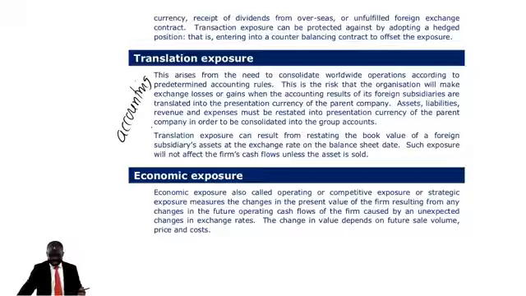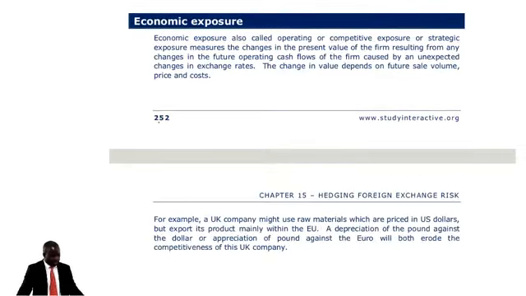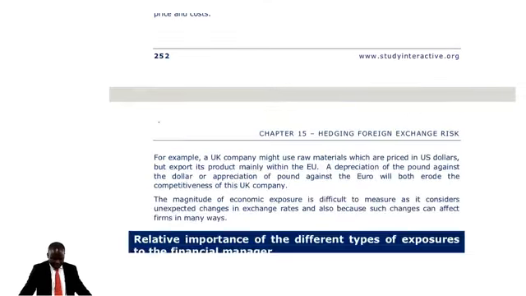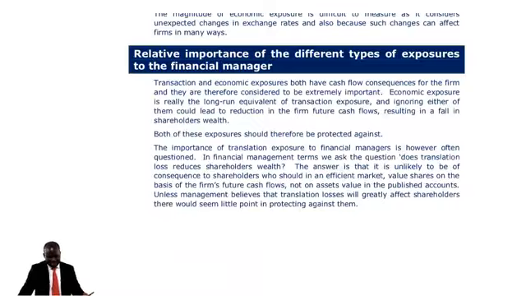So let's end it here, and when I come in next week, we will pick from here. The only thing I can say here is, which of these exposures is more important to the financial manager? Transaction and economic involve movement of cash, and the value of the company has got something to do with cash flows.